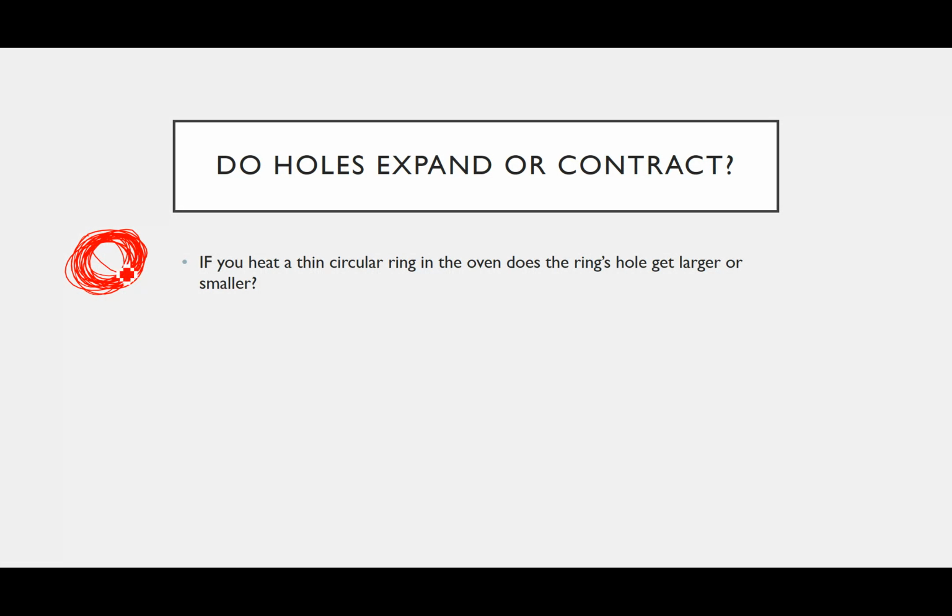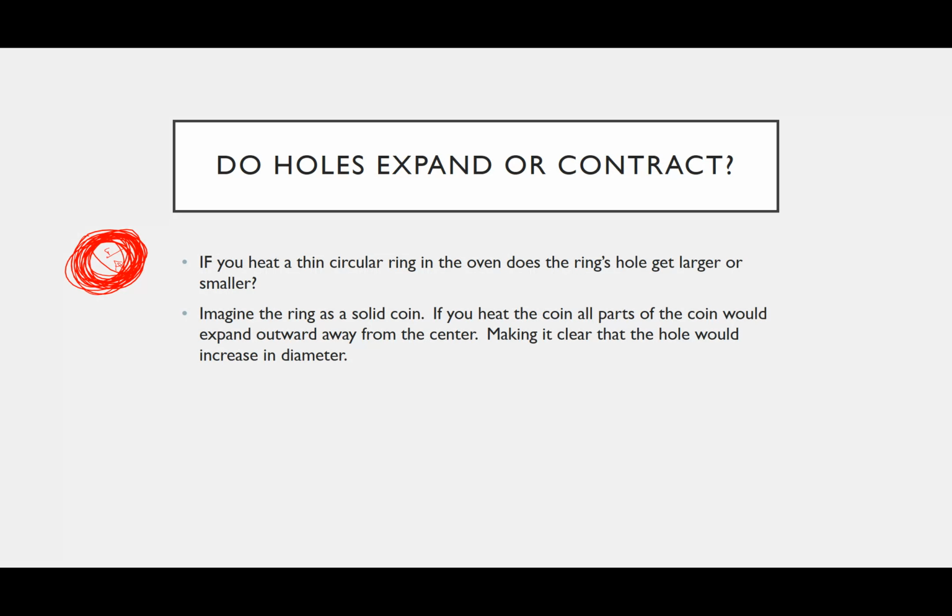Now, inside this radial distance r, now that it's super hot, you would think in your head that this inside wall would expand in the middle, but this is not true. Imagine the ring as a solid coin.